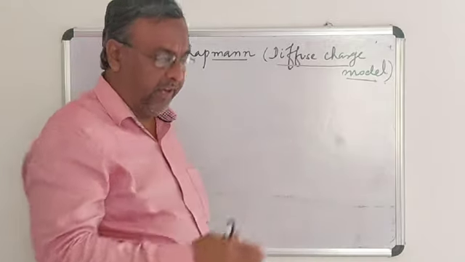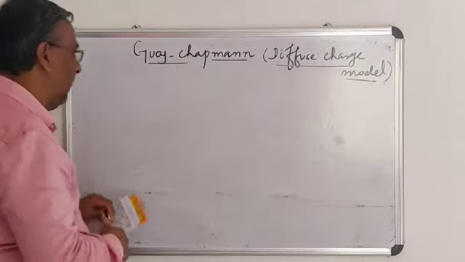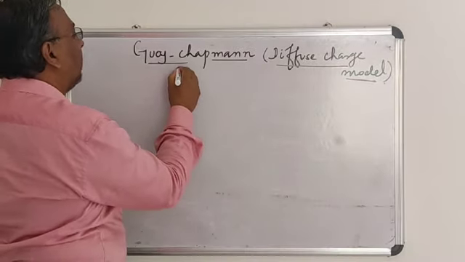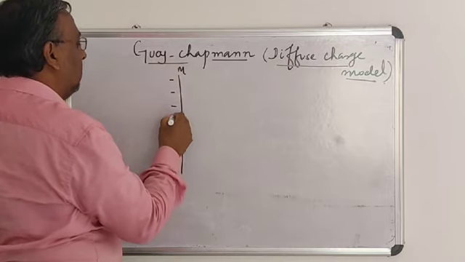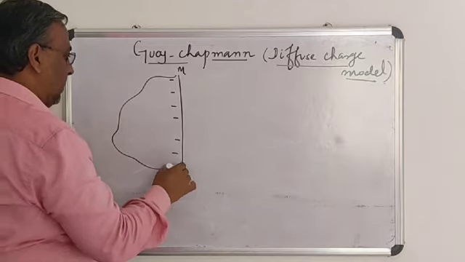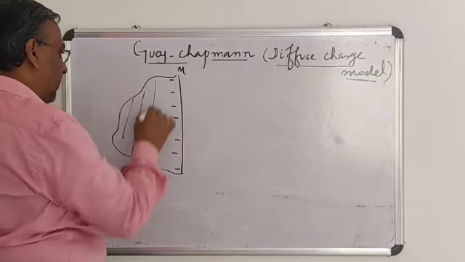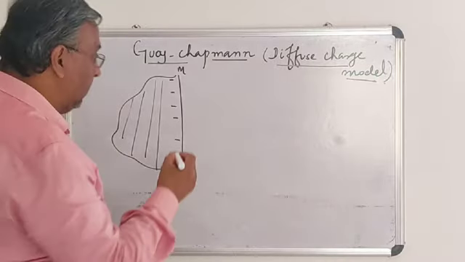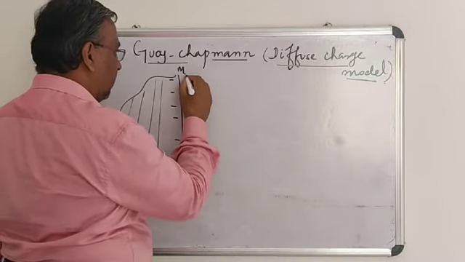the electrical field arises, for example, this is metal. It has some negative charge. This is metal, and this is electrolyte.